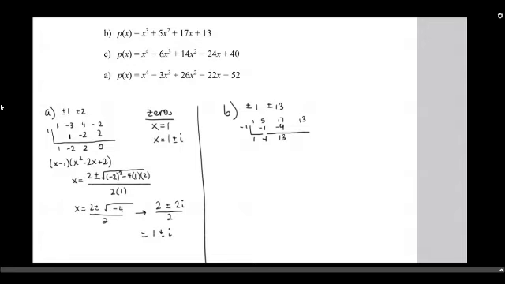There we go. So that proves that negative 1's a 0, which shows me that x plus 1 is a factor. And those are the coefficients of a quadratic term, x squared plus 4x plus 13. This does not factor, so again, quadratic formula.